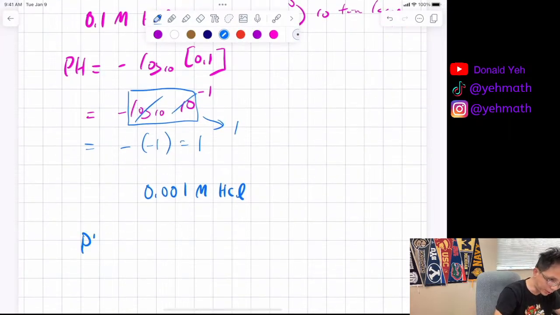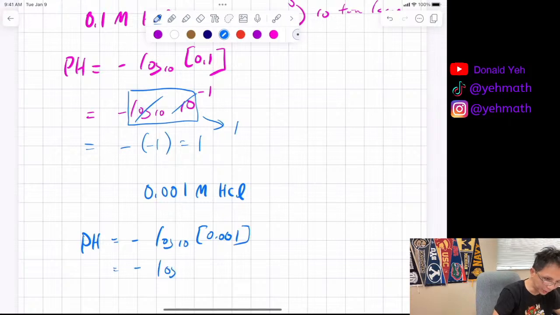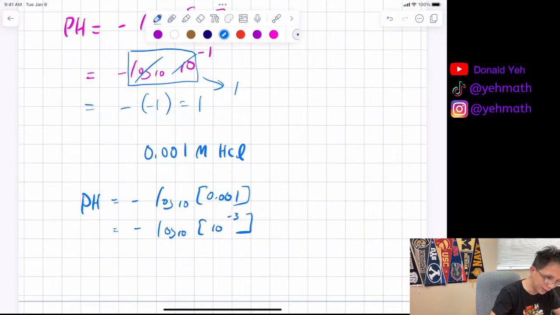So again, pH is equal to the negative log base 10 of 0.001, and you can rewrite that as 10 to the negative 3 power. Why? Because 10 to the negative 3 is 0.001. That's like scientific notation. And the log base 10 will cancel out.